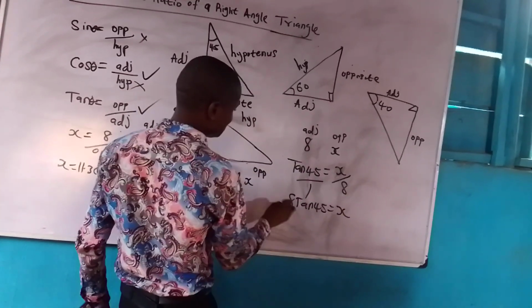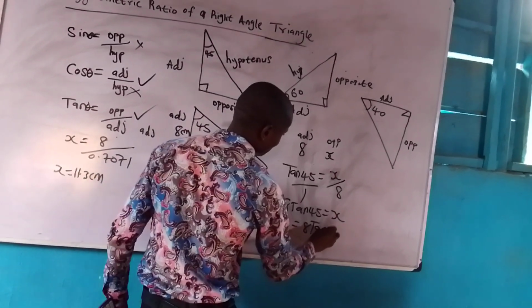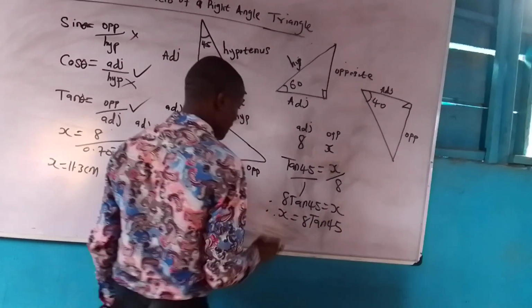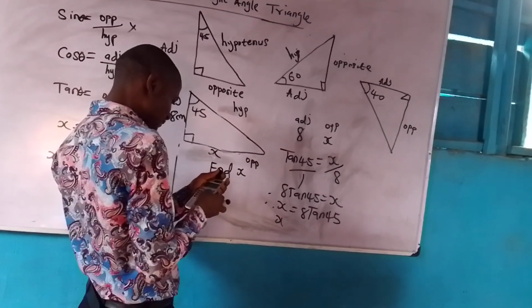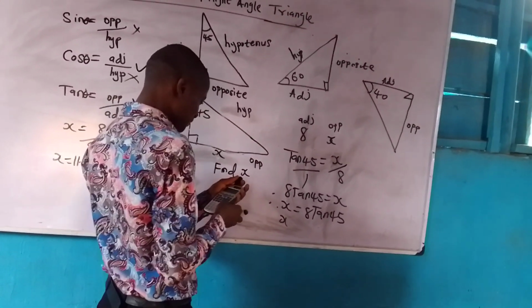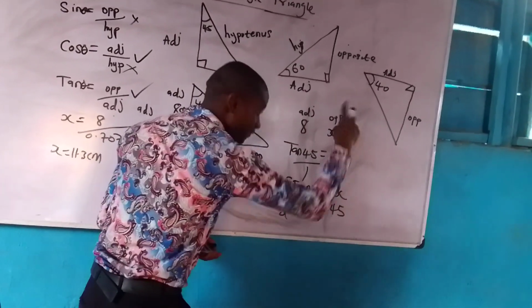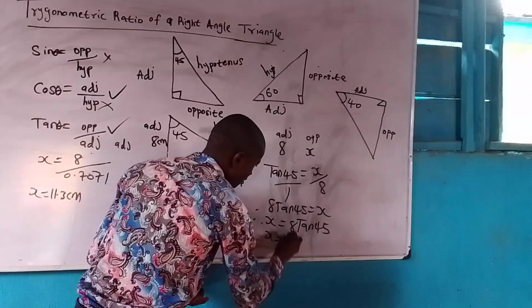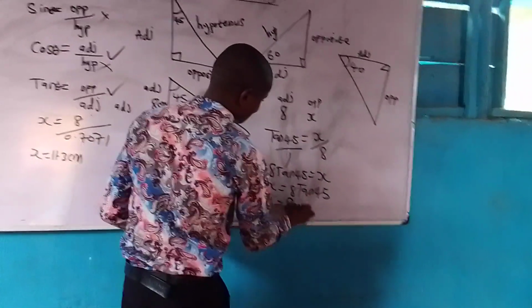It's the same thing as saying x equals 8 tan 45. Then pressing our calculator, 8 tan 45 will give us 8, because tan 45 is 1. So it will give us 8. Should I write cm?